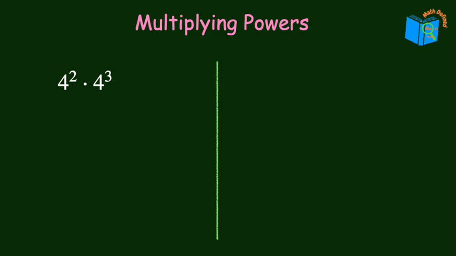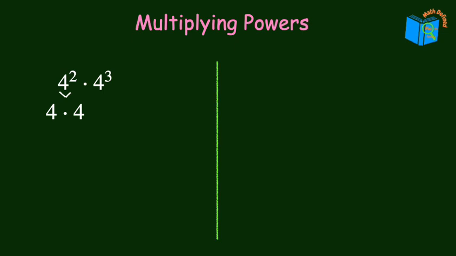Here we have the expression 4 squared times 4 cubed, or 4 to the third power. As with any expression, we need to follow the order of operations, so we will simplify the exponents first. And again, we are focusing on the exponents themselves, not the value of the power. So to simplify 4 squared, I will write it out in expanded form, which is 4 times 4.